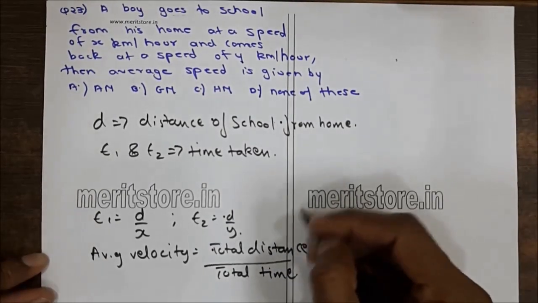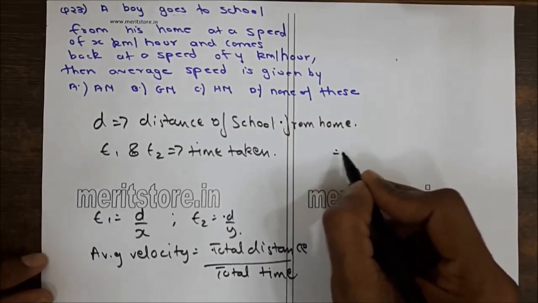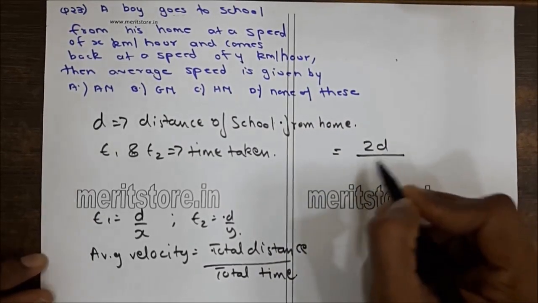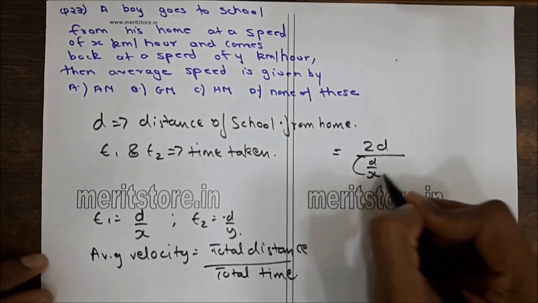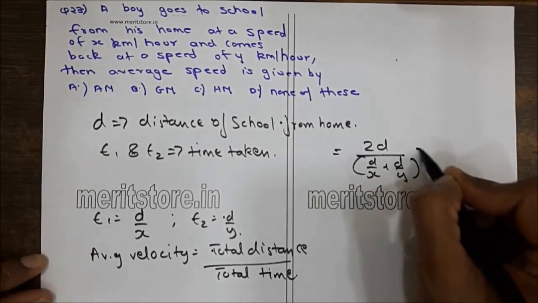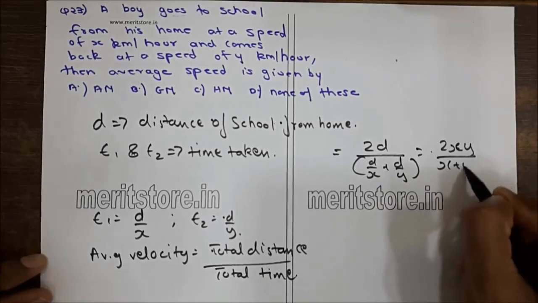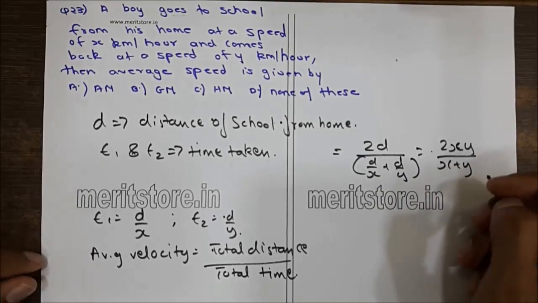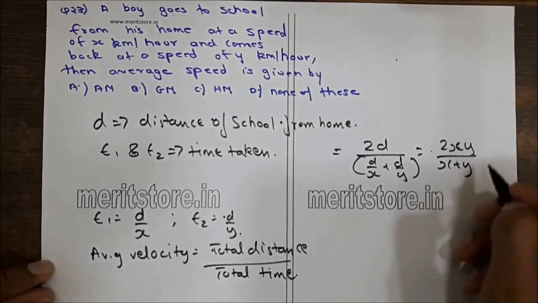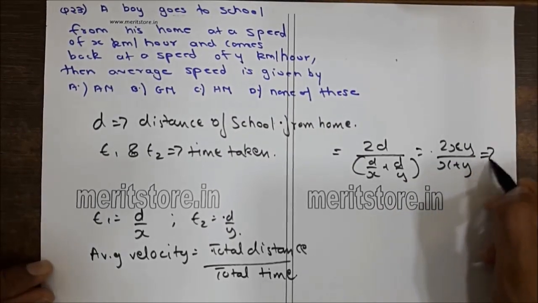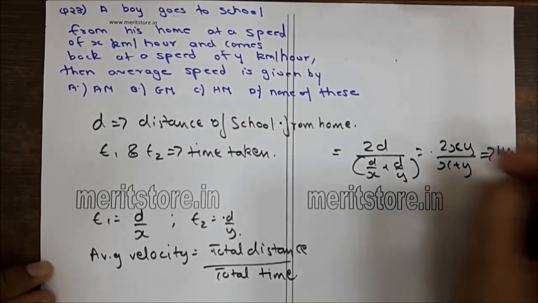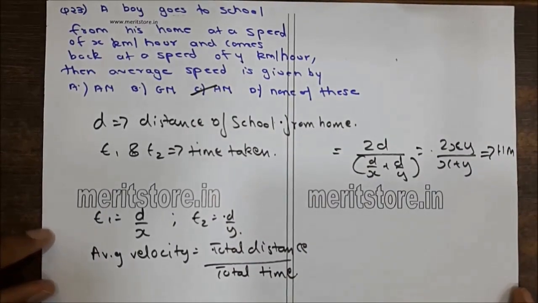We can substitute the values, that is 2d upon d upon x plus d upon y. Solving this we get 2xy upon x plus y, which is the harmonic mean of x and y. So we conclude that option C, harmonic mean, is the correct answer.